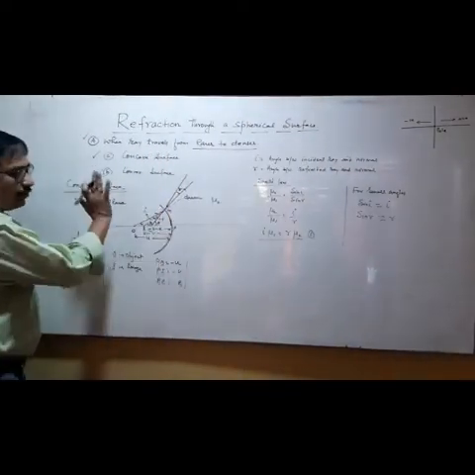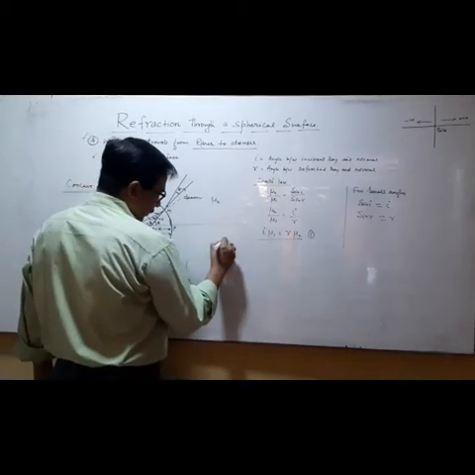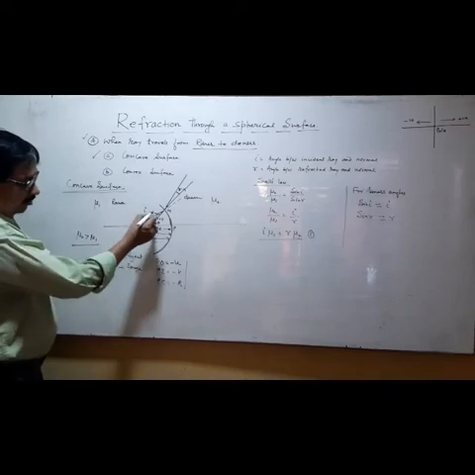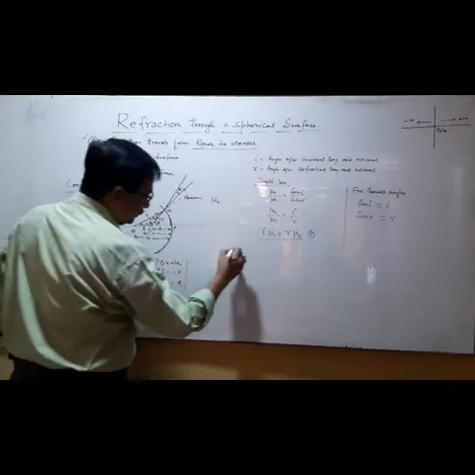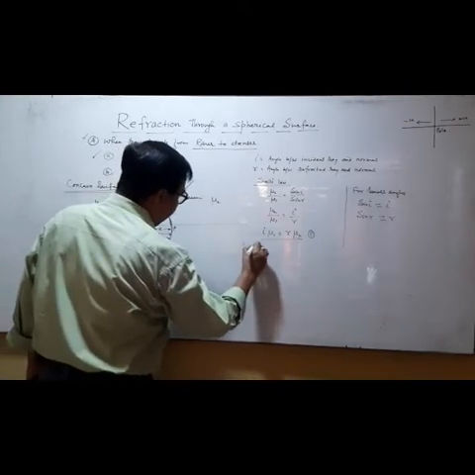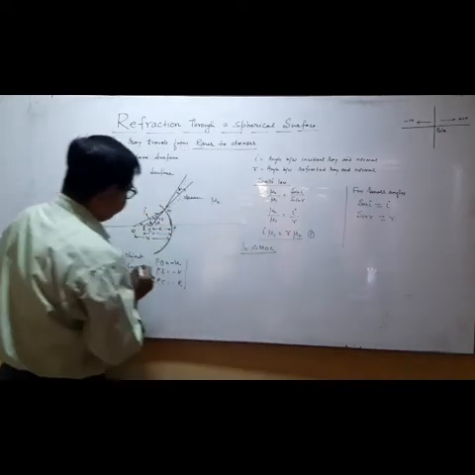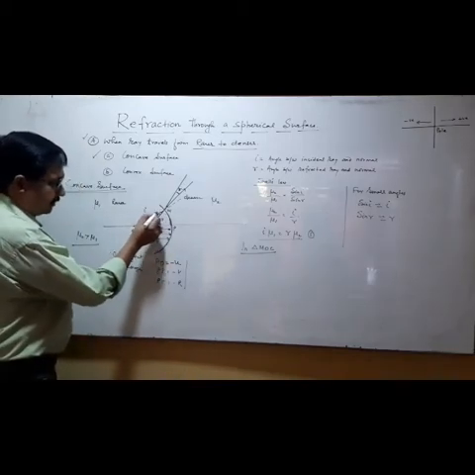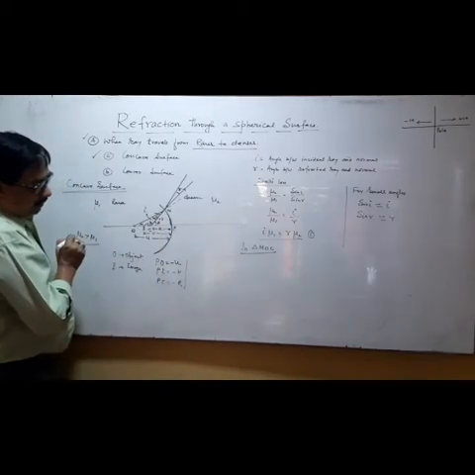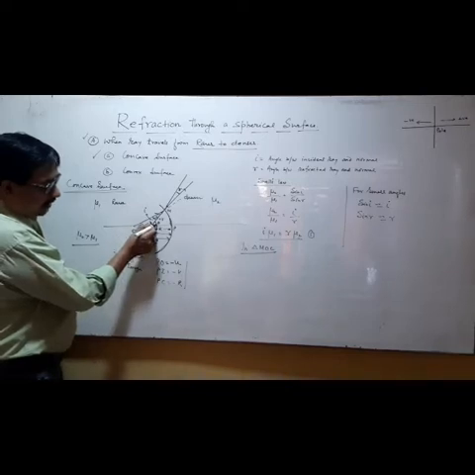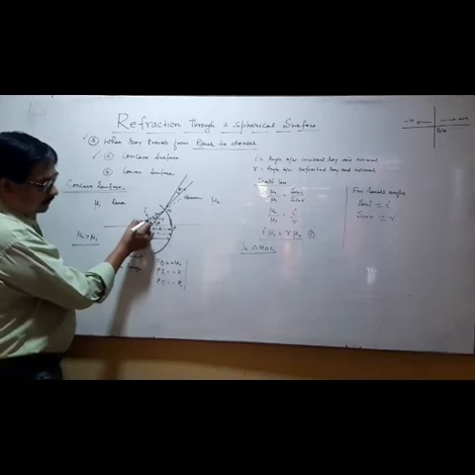Now from the geometry of the figure we have to write something. In triangle MOC, look carefully, alpha is one angle, theta is another angle, and I is the third angle.